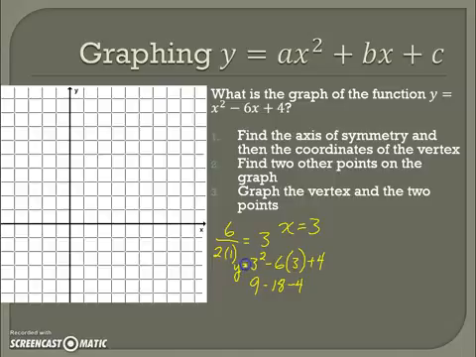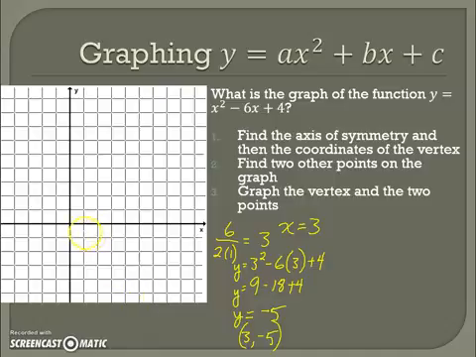That's going to be my y value. Hold on, what did I do wrong here? Yeah, so 9 minus 18 is negative 9, plus 4 is negative 5. So the coordinate of the vertex is the ordered pair 3, negative 5.